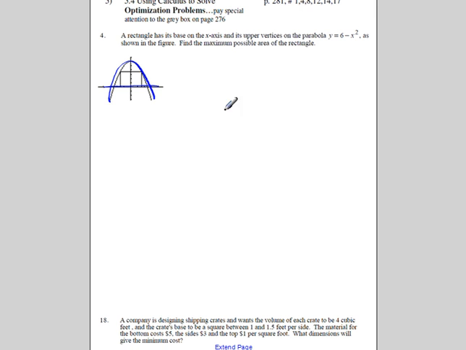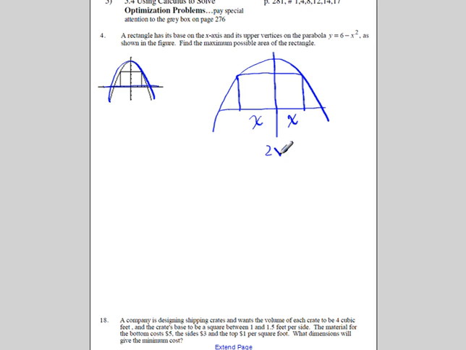I'm going to draw this even bigger. If this is x, this distance is also x. So the total base of our rectangle is 2x. And then the height of our rectangle is 6 minus x squared, which we got from right there.